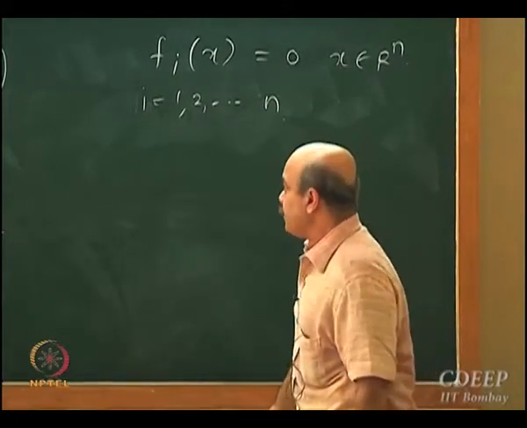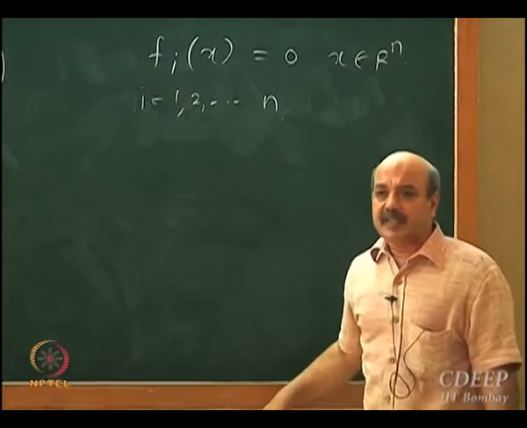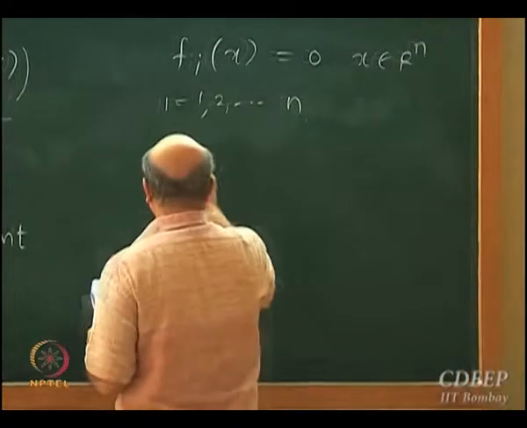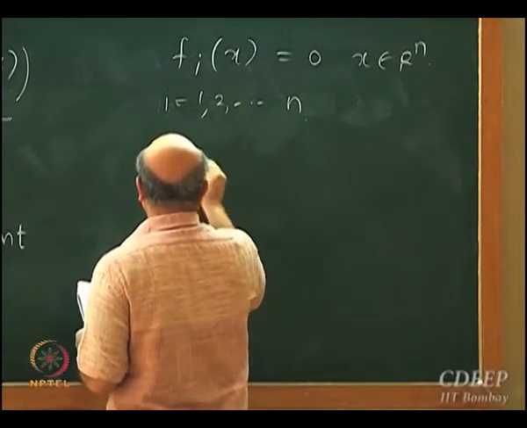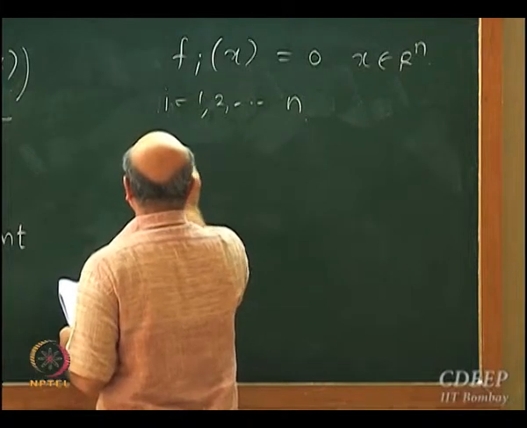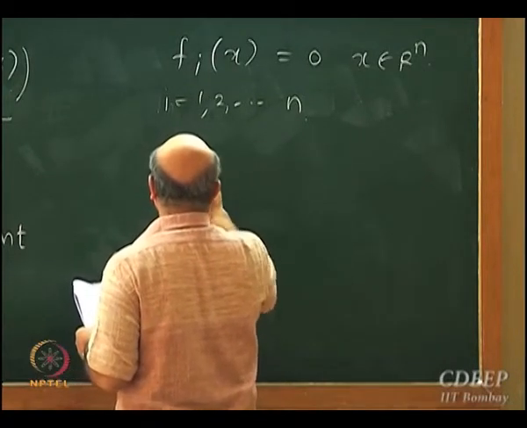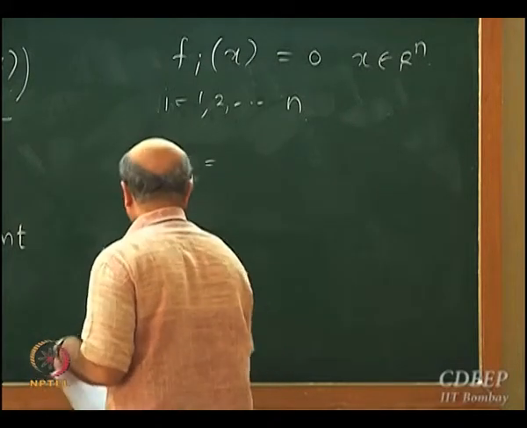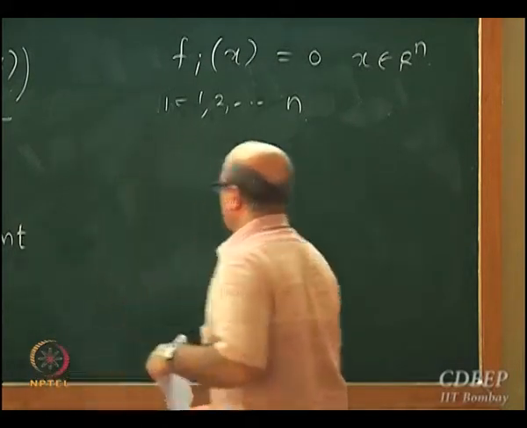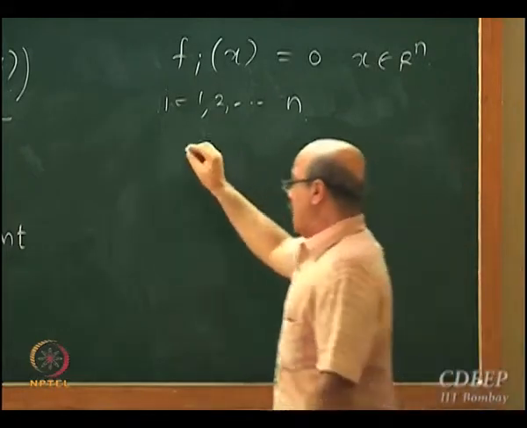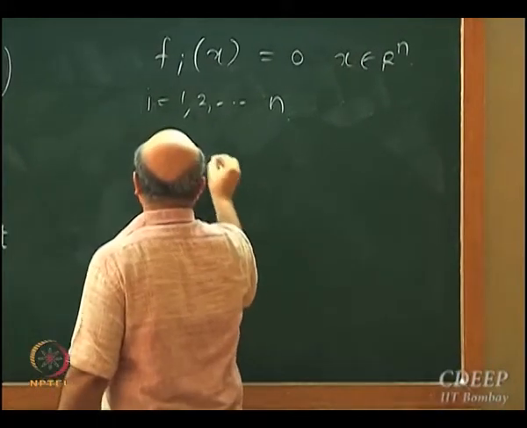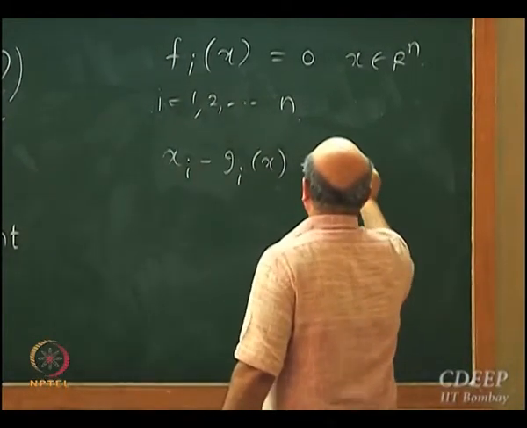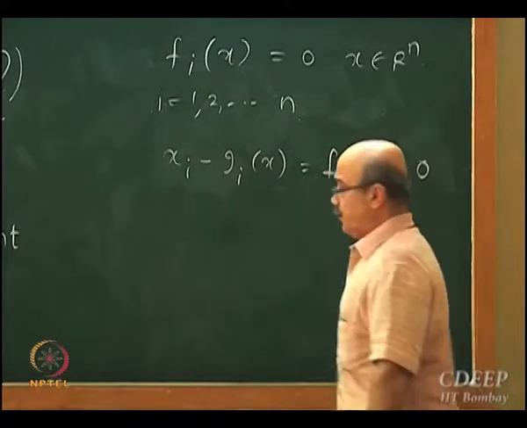Let us say we have some way of arranging these equations as xi minus gi of x equal to fi of x equal to 0.